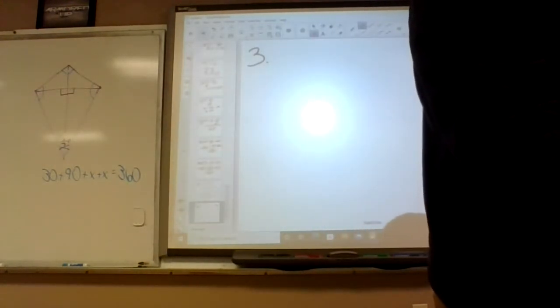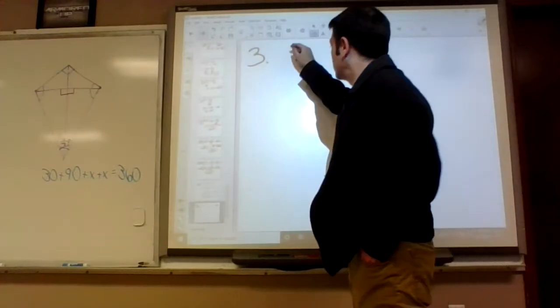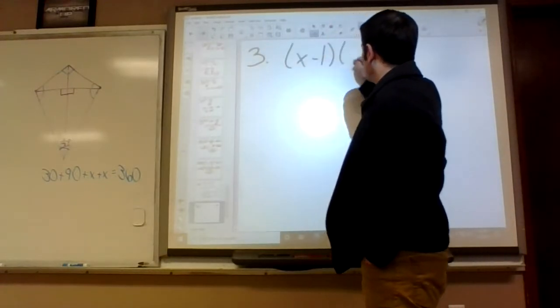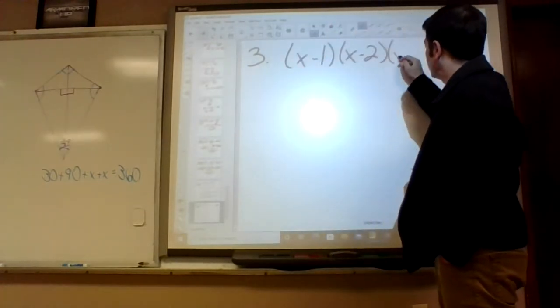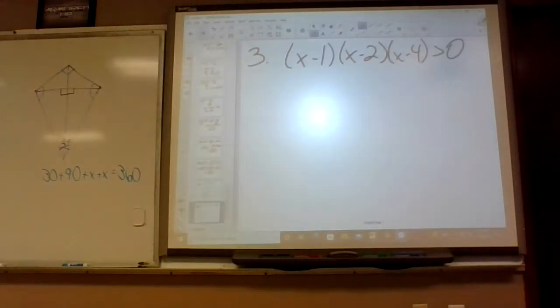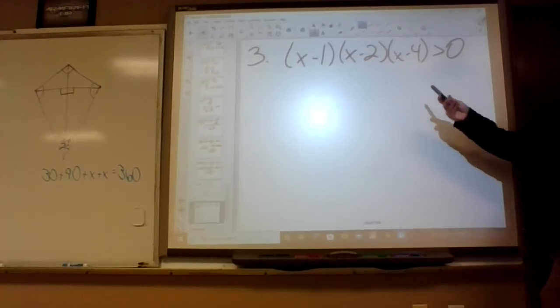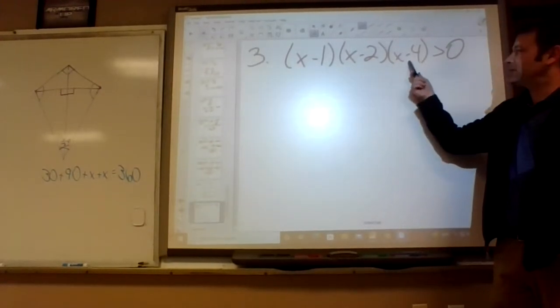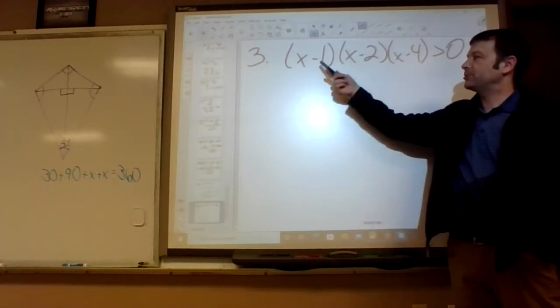Number 3. Same thing almost. x minus 1, x minus 2, x minus 4. You guys know what the shape of this graph would look like? If we multiplied all these together, we get x to the 3rd as our biggest term.